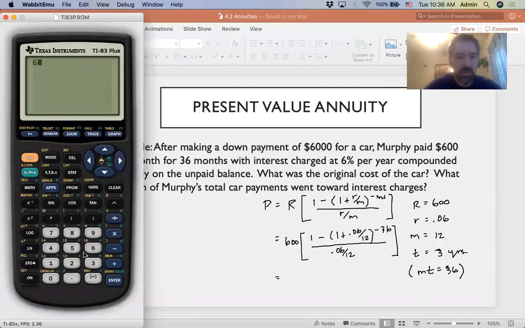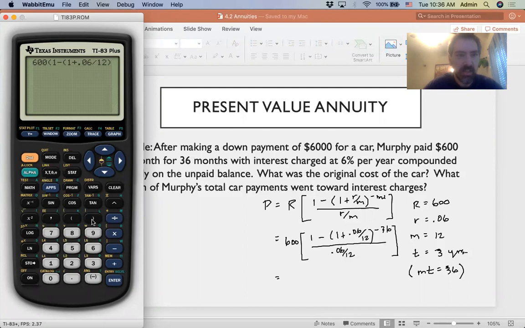We will put this into the calculator just as we have been. 600, parentheses, 1 minus, second parentheses, 1 plus 0.06 divided by 12.